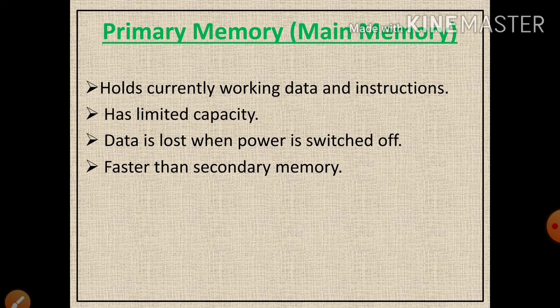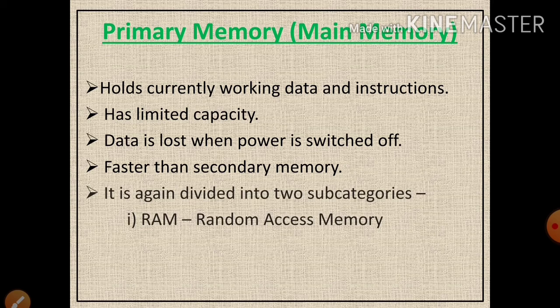The data and instructions required to be processed reside in the main memory. The primary memory is faster than the secondary memory. Now this primary memory is again divided into two subcategories. First is RAM, that is random access memory, and another one is ROM, that is read only memory.